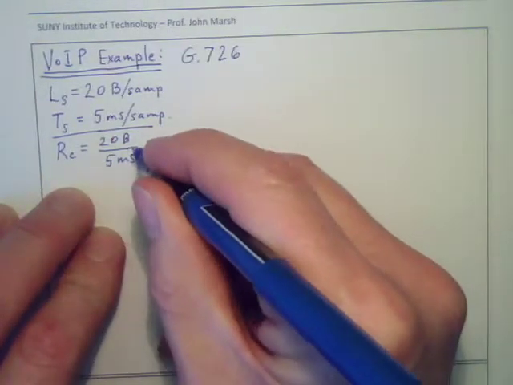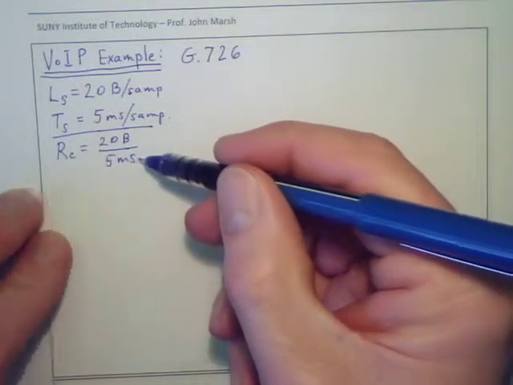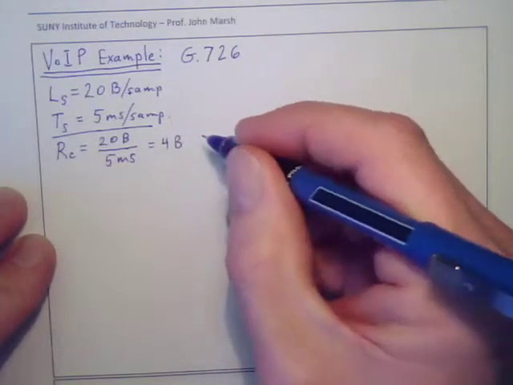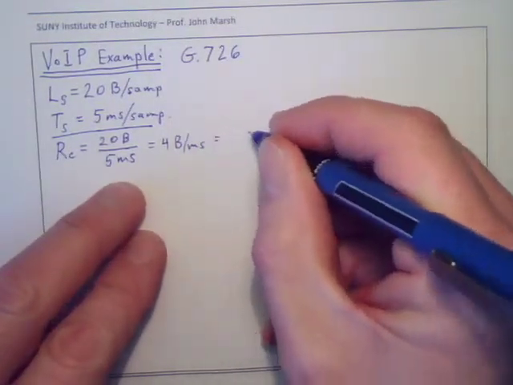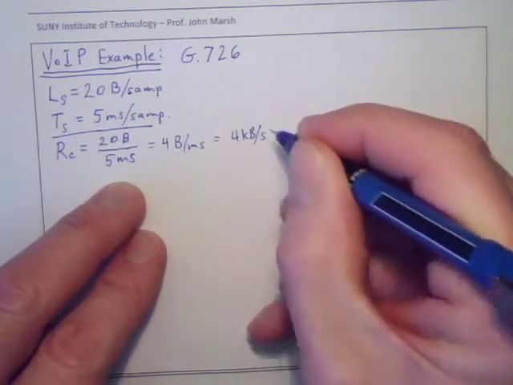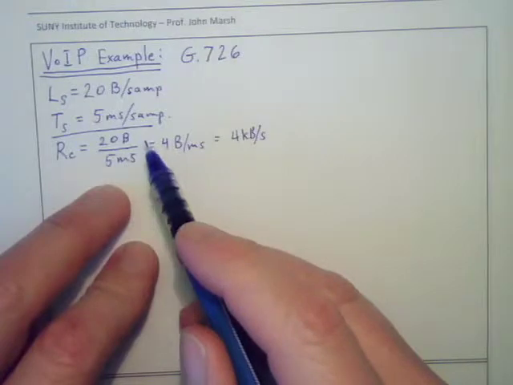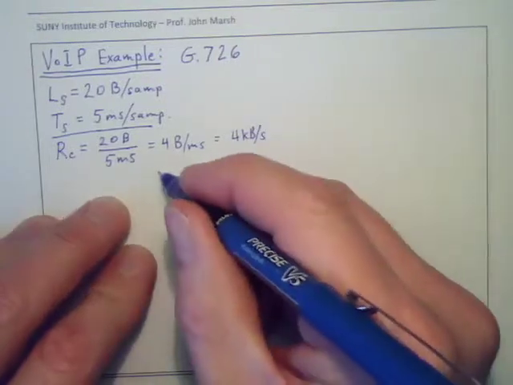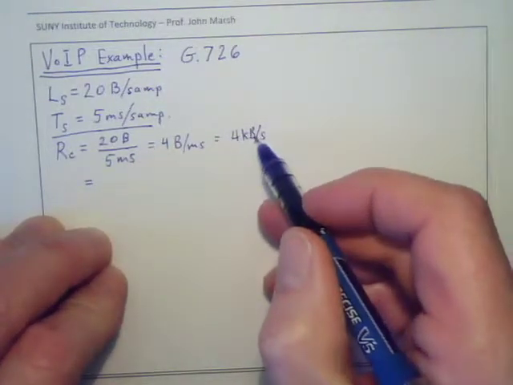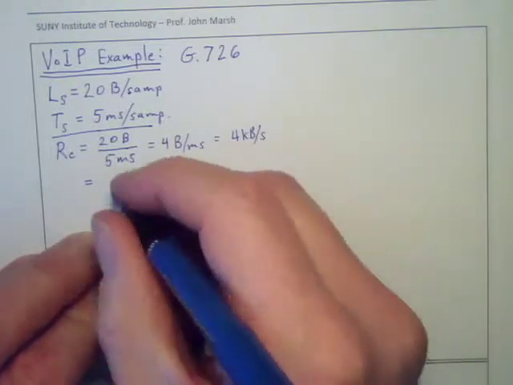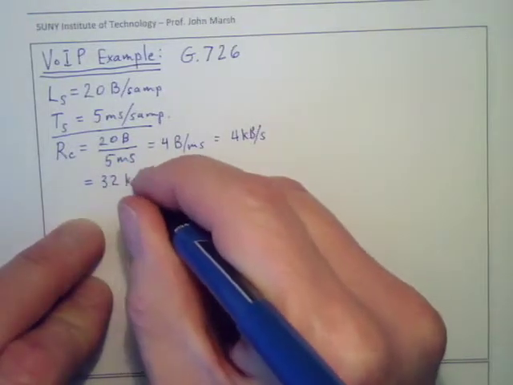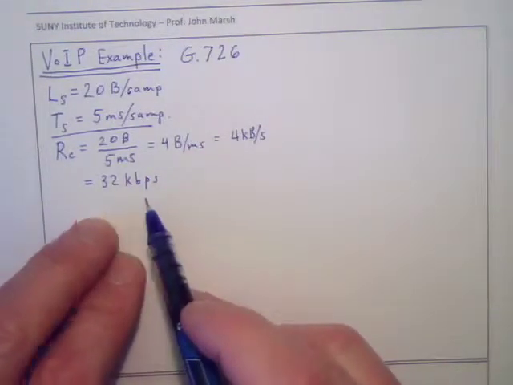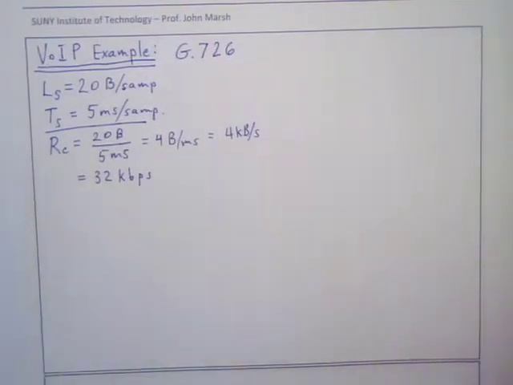So I put the amount of data per millisecond there, and I get 4 bytes per millisecond, or 4 kilobytes per second, because a milli in the denominator becomes a kilo in the numerator. And because a byte is 8 bits, 8 times 4 is 32, and I end up with 32 kilobits per second as the coding rate. Okay, so that's the raw rate at which the codec generates data.